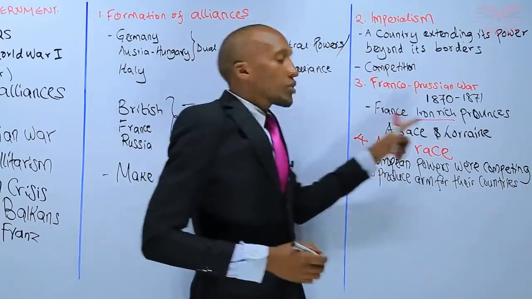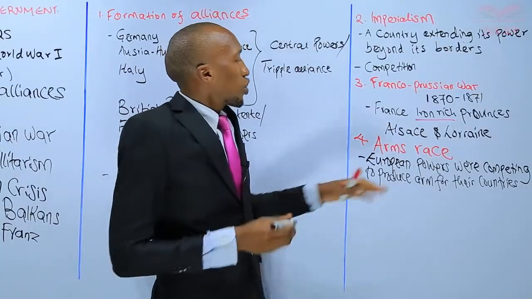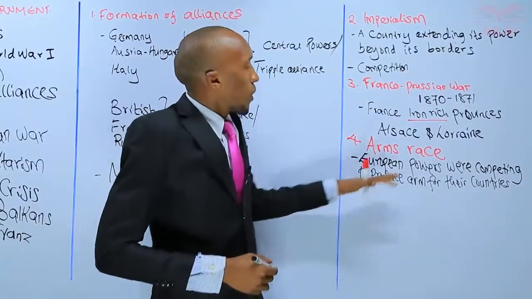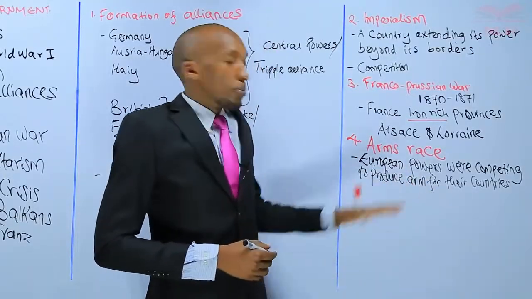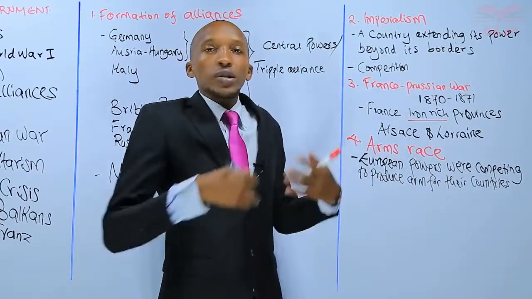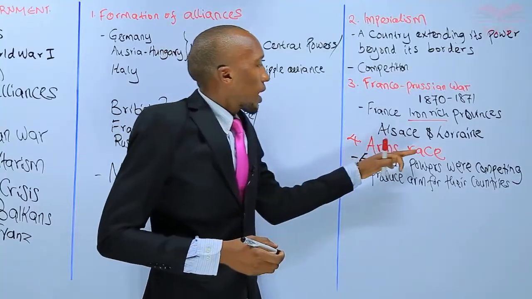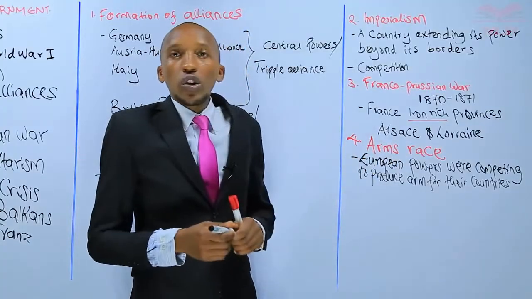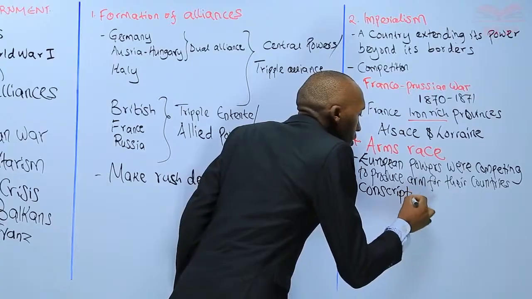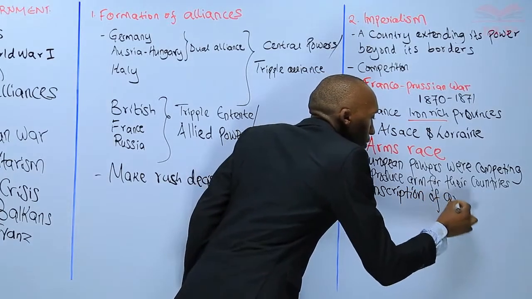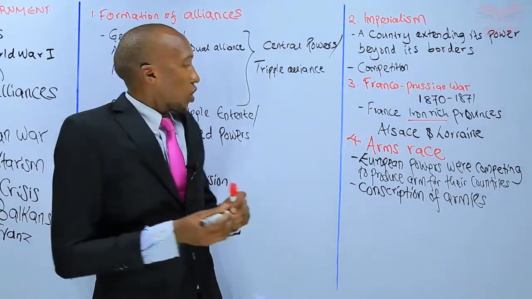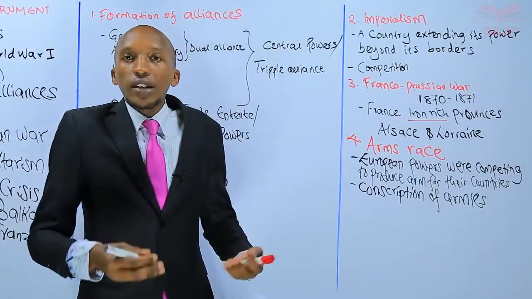So when you talk of an arms race, it is the situation where the European powers were competing against one another to see who is going to produce more powerful weapons, more disastrous arms. They were fighting whose military is stronger. So at the arms race, every country was conscripting armies. There was conscription of armies. When you talk of conscription, it's what we refer to as recruitment.